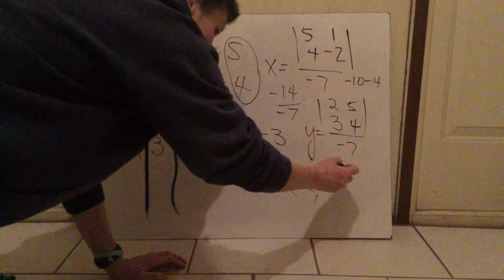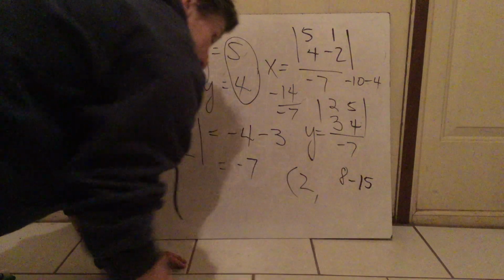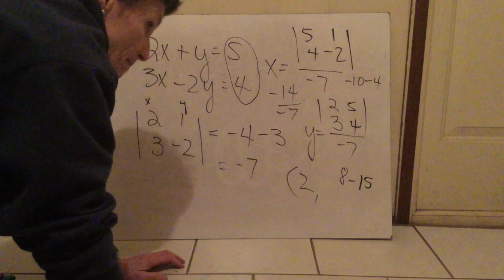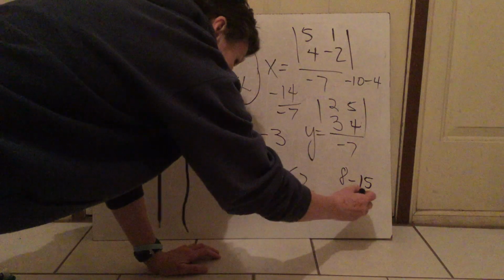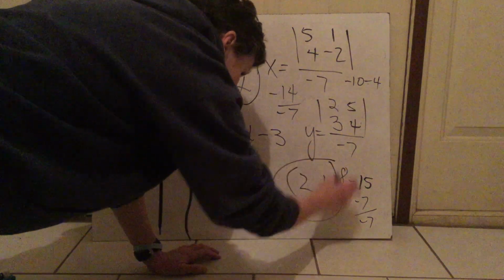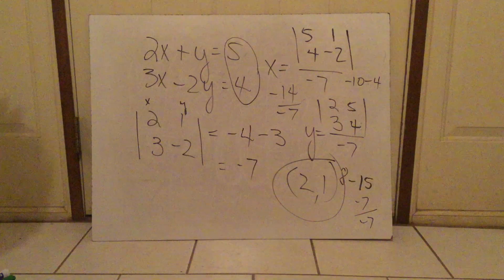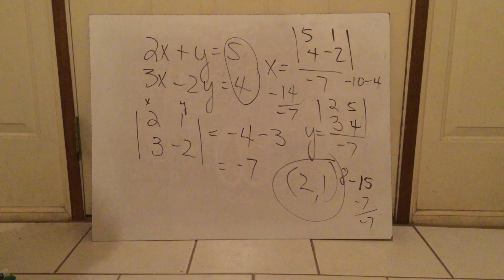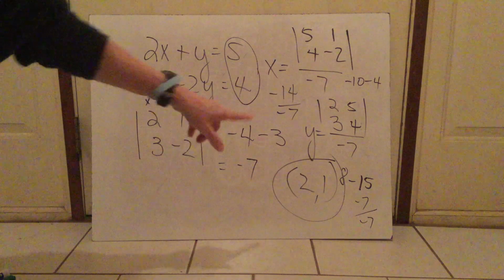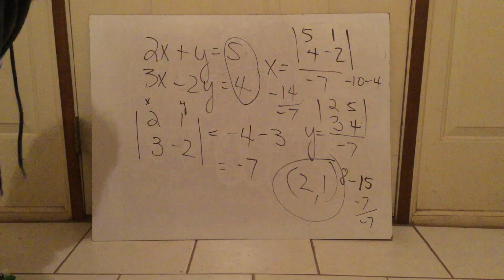I'm going to multiply 2 times 4, multiply 3 times 5, and subtract them. So 8 minus 15. That gives me negative 7 over negative 7. So y is 1. No matter how you did this problem, whether you did substitution or elimination, your answer should come out to be 2, 1.